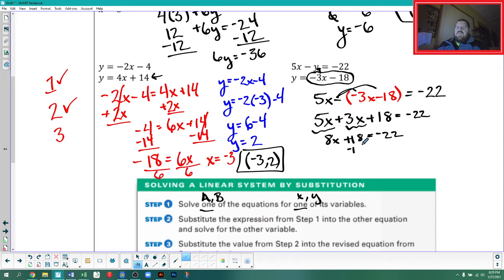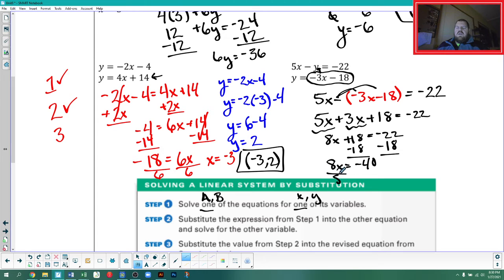Subtract 18 from both sides, and it looks like we're going to get somewhat of a large value here. But 8x, I don't like that, that's ugly. I'm left with 8x is equal to negative 40.